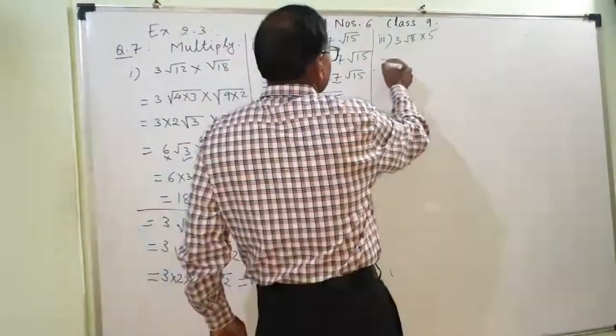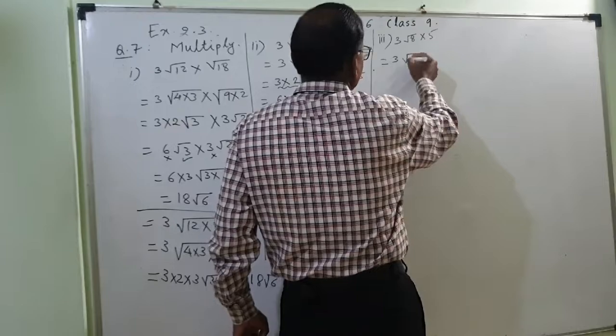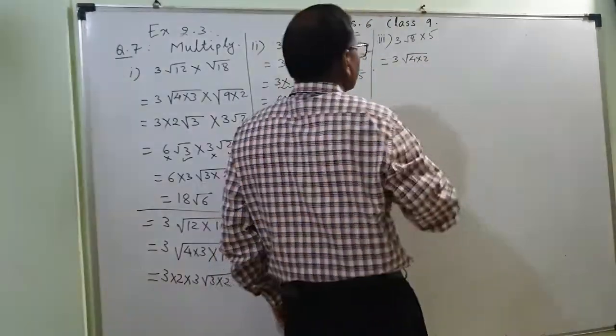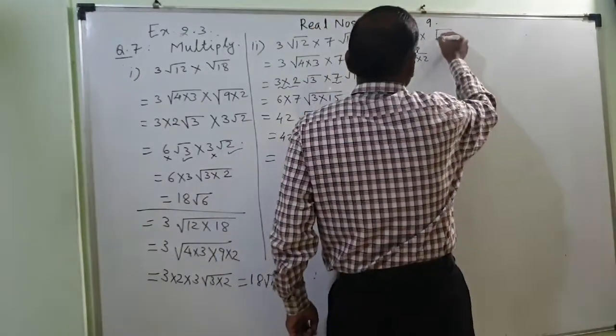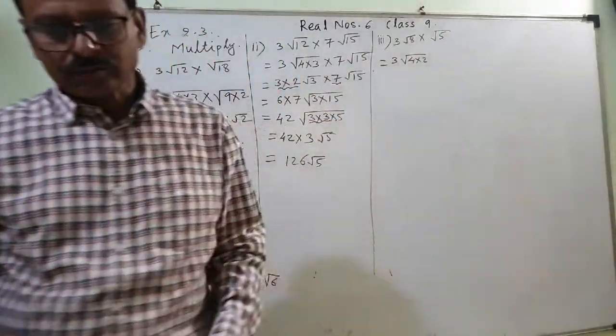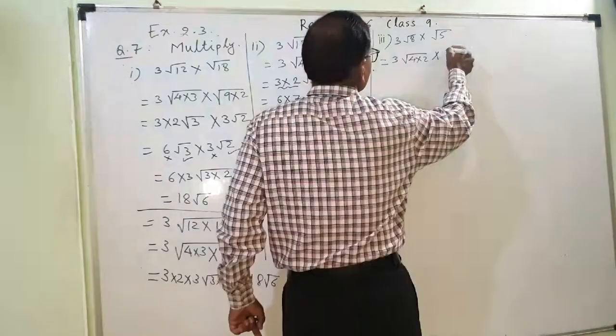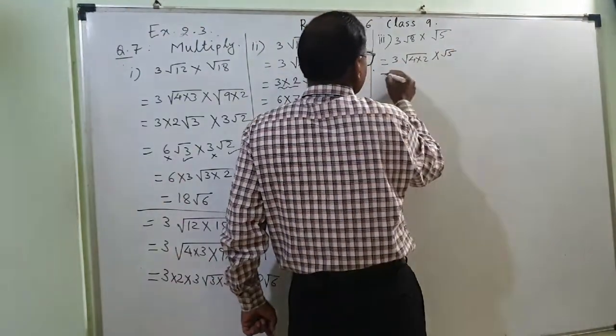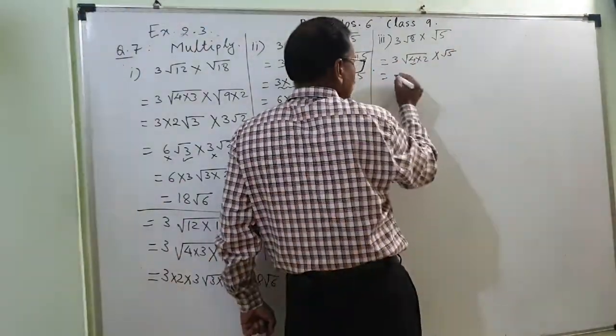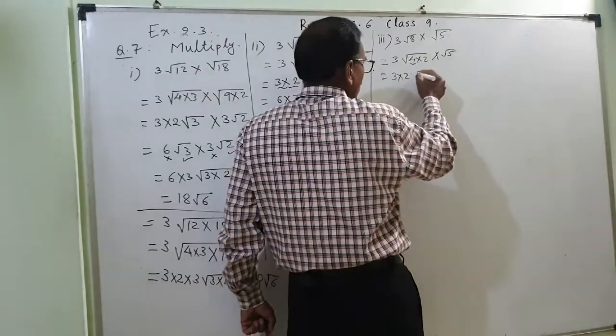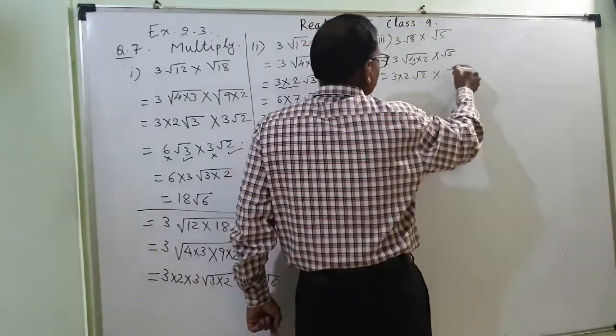This is 3. Root 8 means 4 into 2. Root 5 it is, I think. Root 5, I will check. Yeah, it is root 5 into root 5. So root of this is 2. So 3 into 2, root 2 into this root 5.